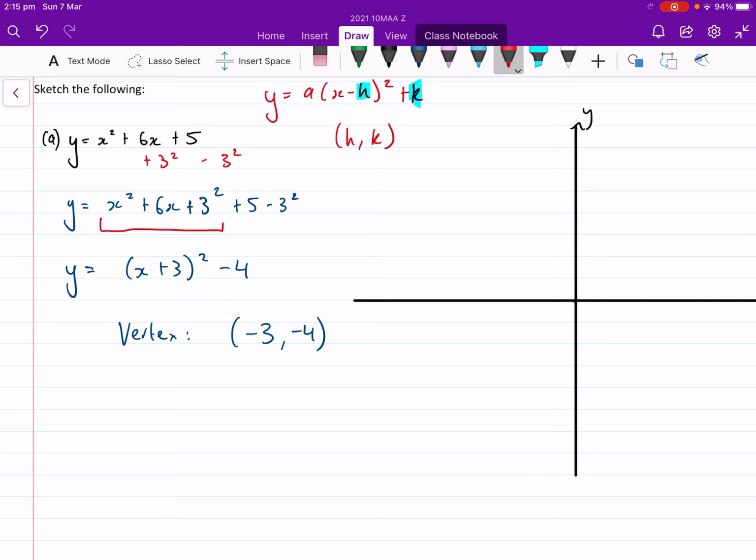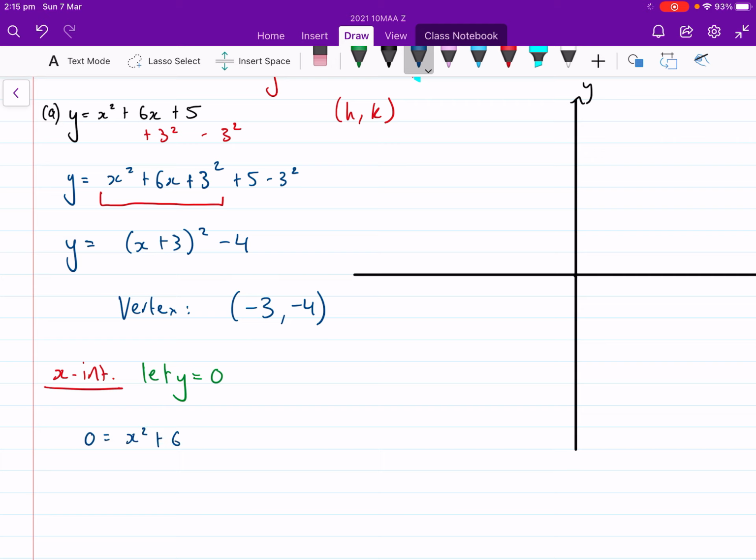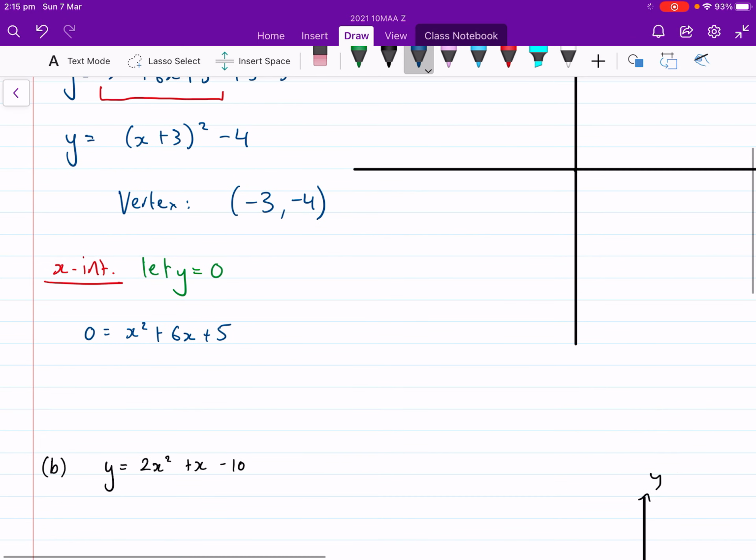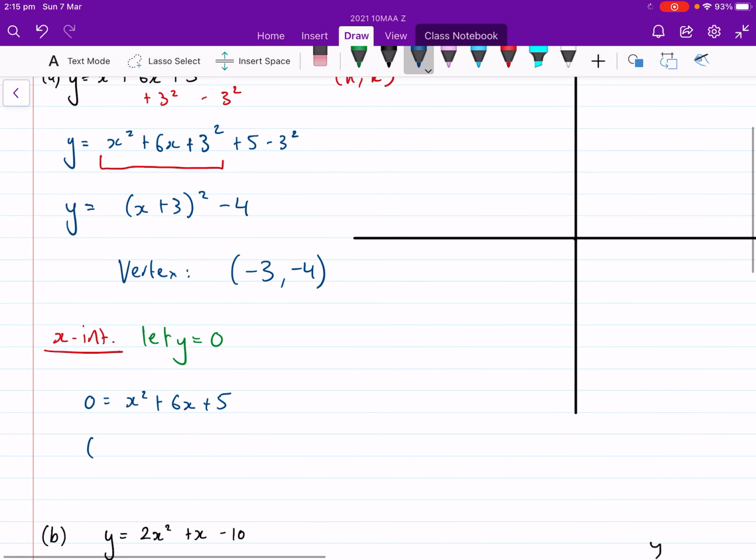All right, so now I'm going to follow the same process that I normally do. I'm going to find my x-intercepts. To do that, I let y equal 0, because every x-intercept has a y-coordinate of 0, and I solve that equation. So in this case, 0 is equal to x squared plus 6x plus 5. I could go about it this way and factorize: (x plus 5)(x plus 1) equals 0.